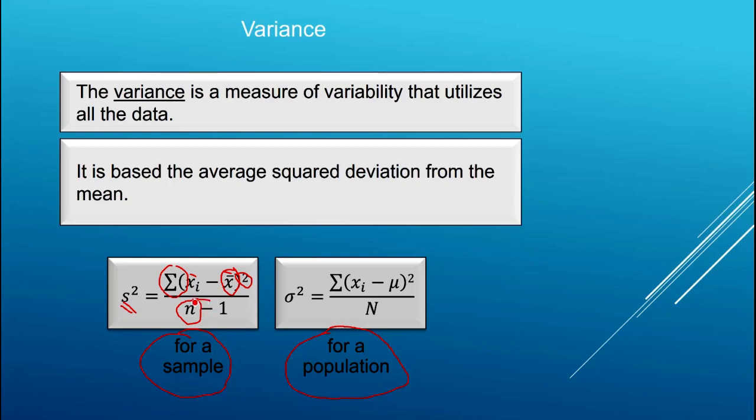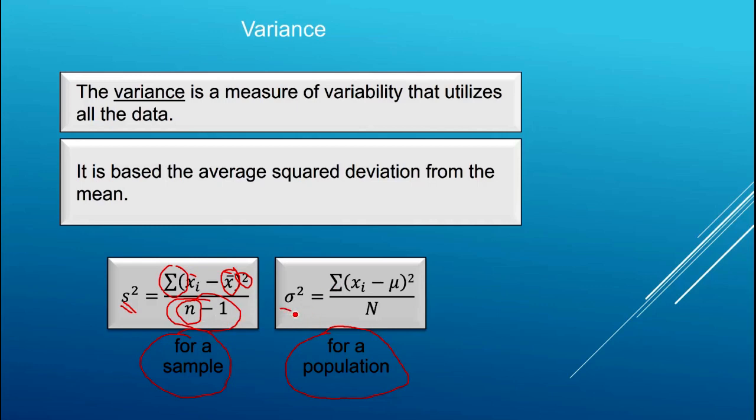Therefore, we correct our denominator for degrees of freedom that we lose in calculating x bar. We divide by n minus 1. But in essence, this is an average squared deviation from the mean in the data set. So it has a very clear interpretation as a measure of variability.